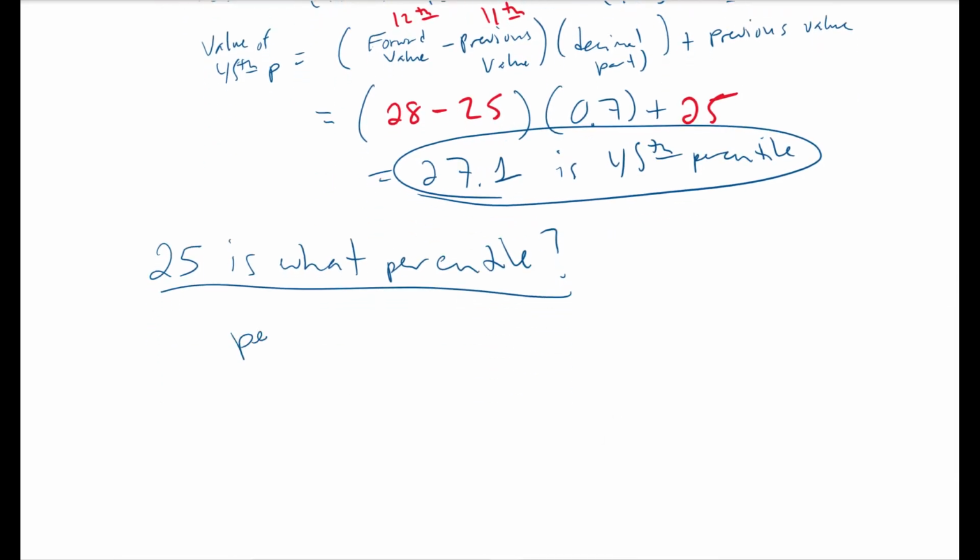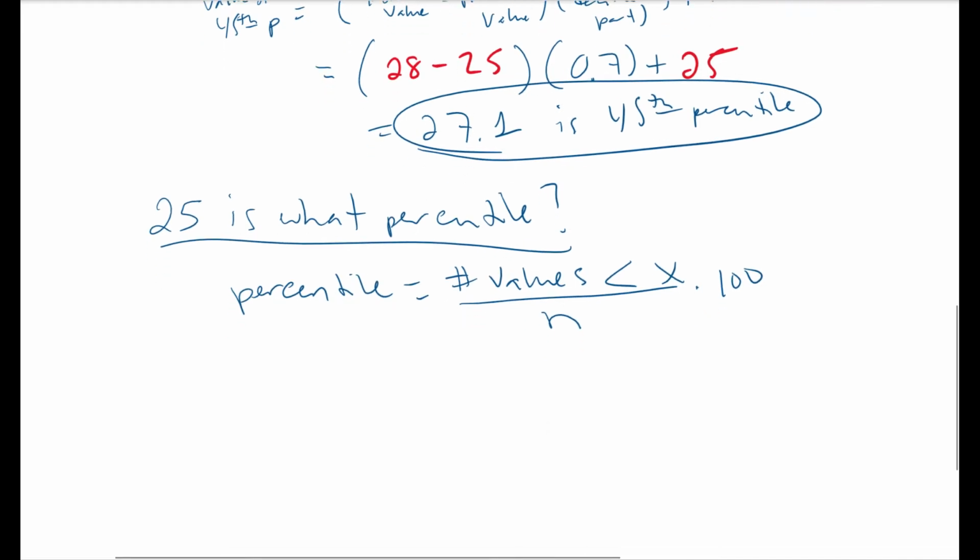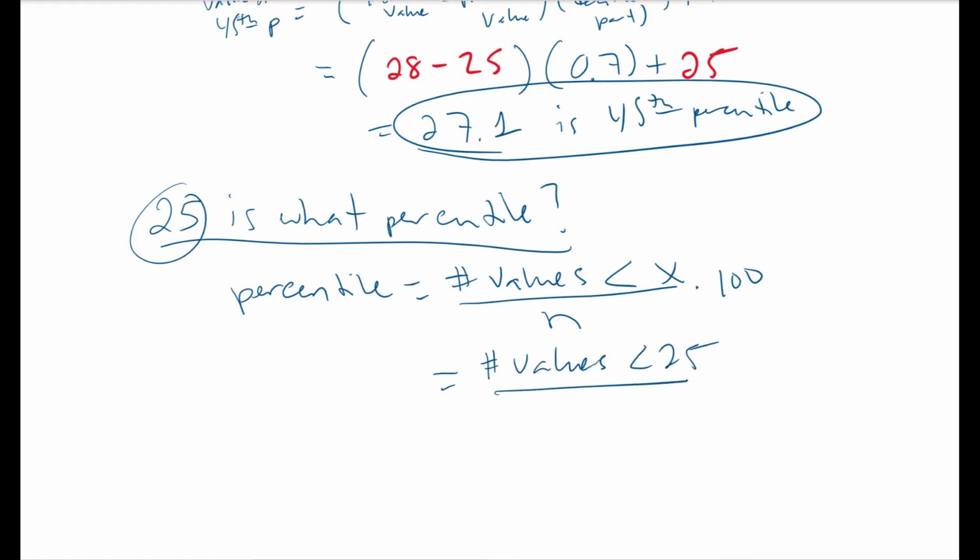To calculate the percentile, we find the number of values less than a given value x, over the total number of values, times 100. In this case, x is 25. We're interested in the number of values less than 25, out of 25 numbers, times 100.